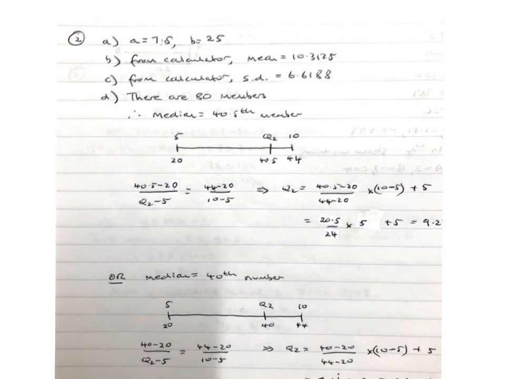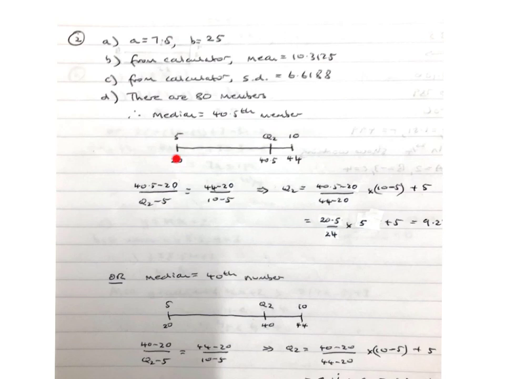Now, to work out the median, the mark scheme specifically allows you to have the 40.5th number or the 40th number. I prefer the 40.5th, but it doesn't matter. So a little diagram like this helps. We know that the time goes from 5 to 10, and we need to find the median, which I'll call Q2.